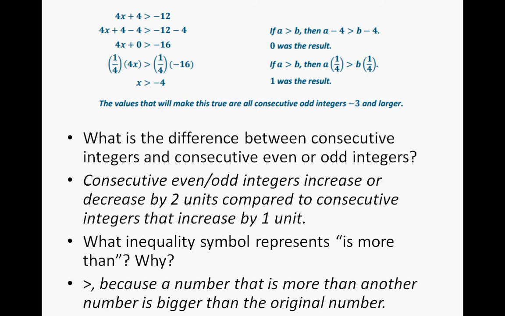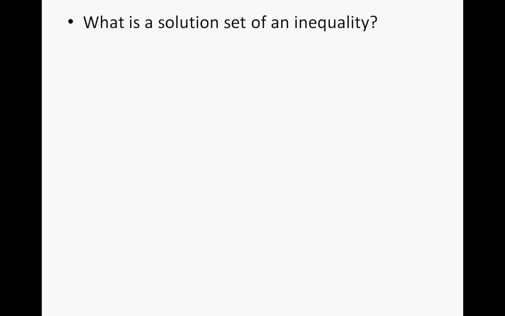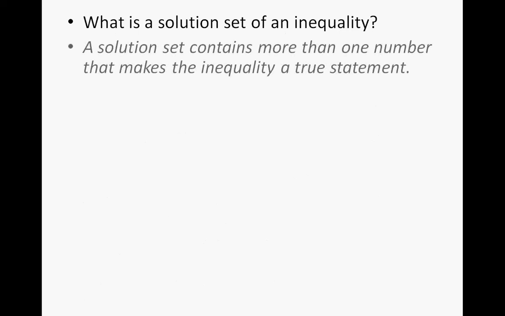Well, it would be the greater than sign, because a number that is more than another number is bigger than the original number. So what is a solution set of an inequality? Well, a solution set contains more than one number that makes the inequality a true statement.